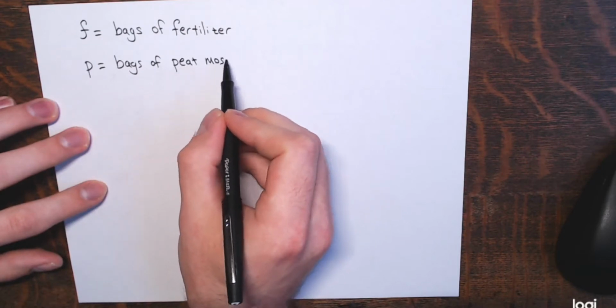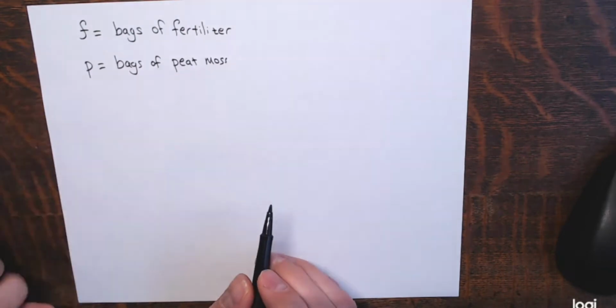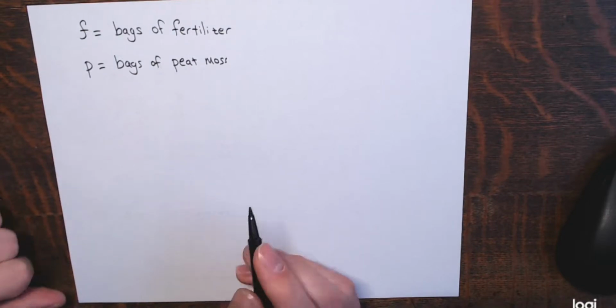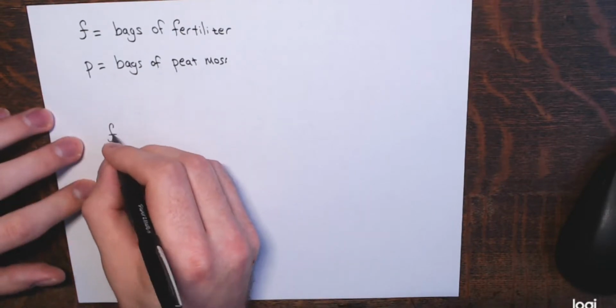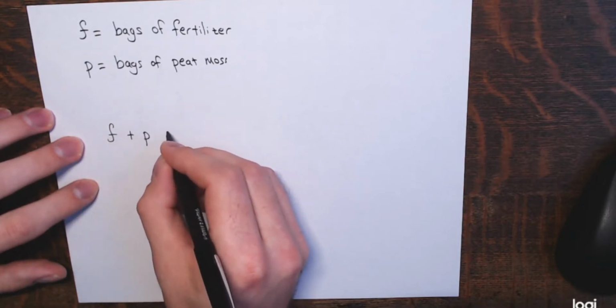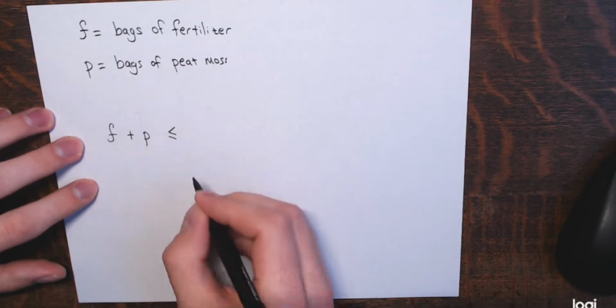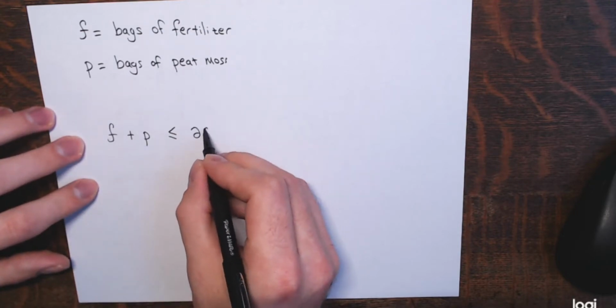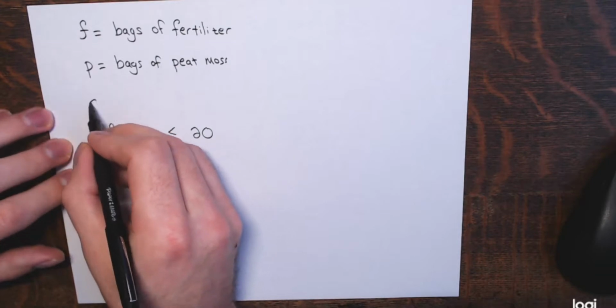Now, the last sentence was Jake's van can hold at most 20 bags. So the number of bags of fertilizer plus the number of bags of peat moss is at most, which means less than or equal to 20. So that's one inequality in the system.